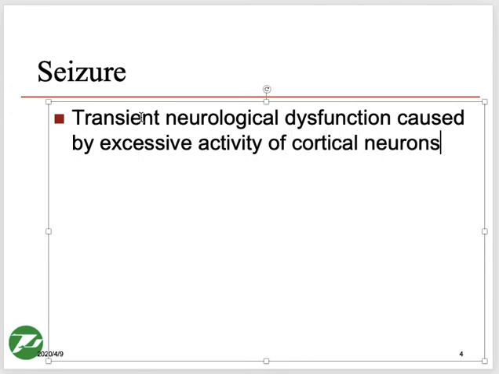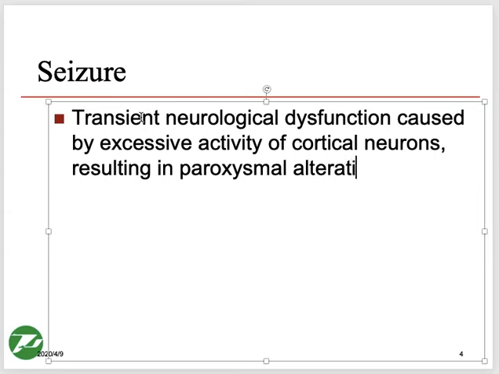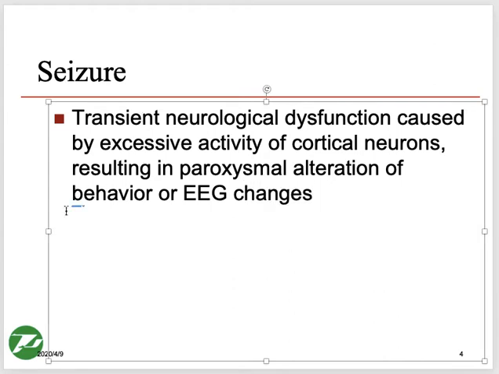Okay, so what's going on? There is excessive activity of the neurons. Cortical means in the cortex. So when there is excessive activity, what is the result of that? Resulting in paroxysmal alteration of behavior or EEG changes.